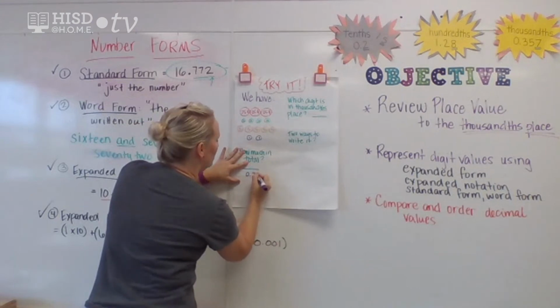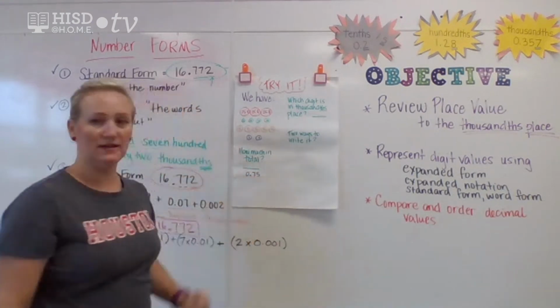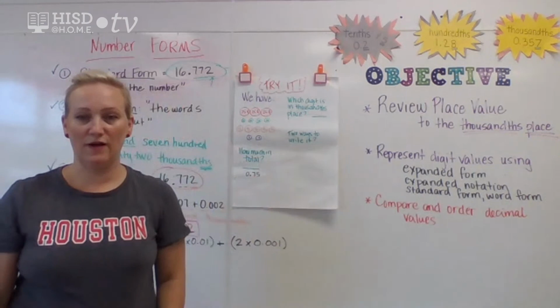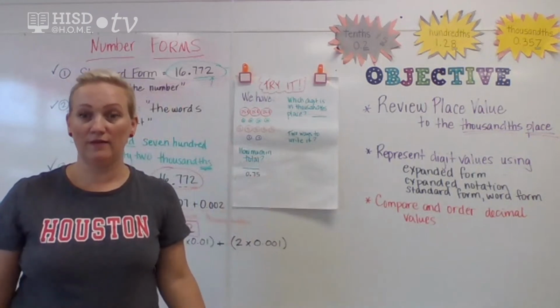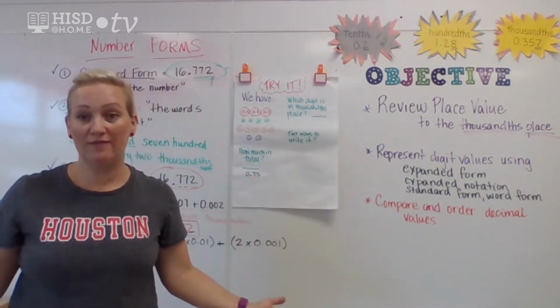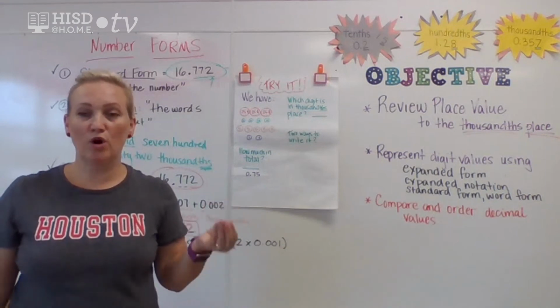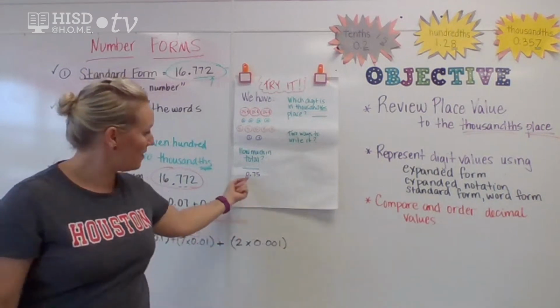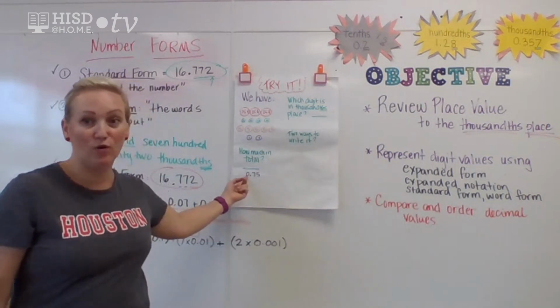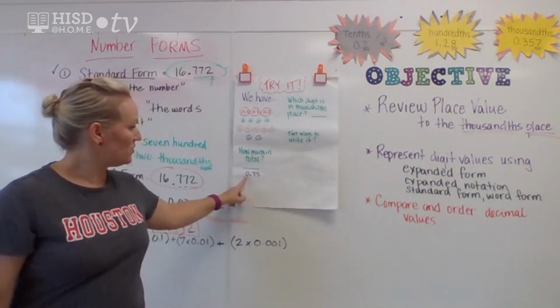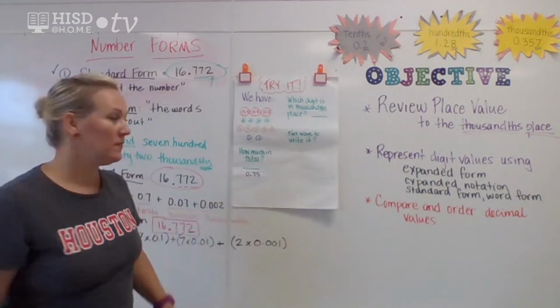And I want you to remember how to write 75 cents. 0.75. It's not 75. That would be 75 whole dollars. We don't have that. We have 75 cents, and that's part of a whole dollar. So I can't have a whole number right here. I don't have a whole dollar. I have 75 cents. So 0.75.